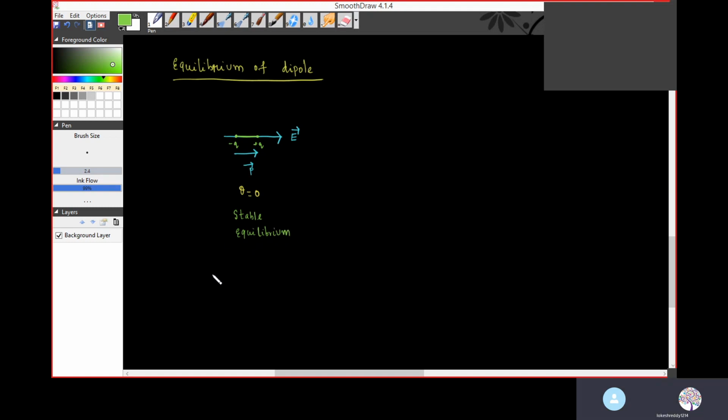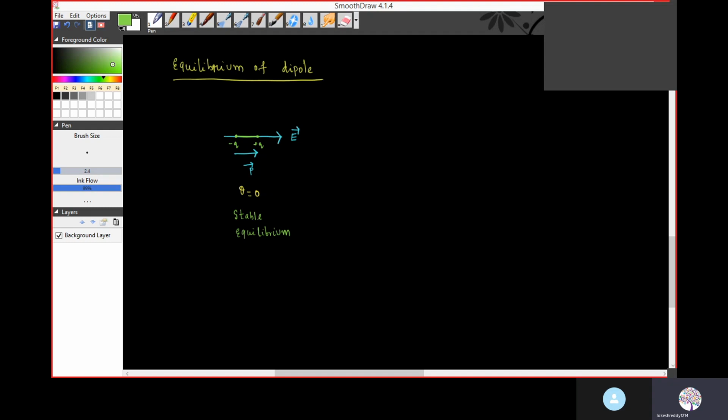If theta is equal to 0, or else the dipole is placed in electric field, it is said to be in stable equilibrium.